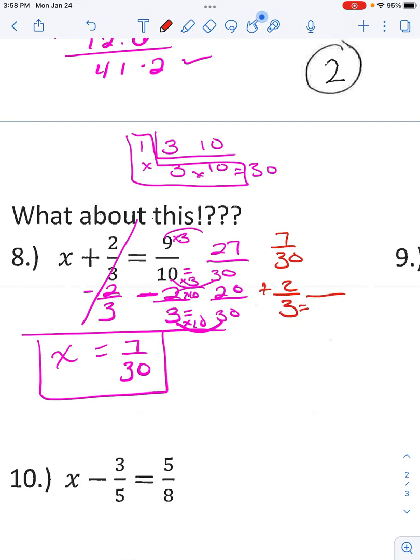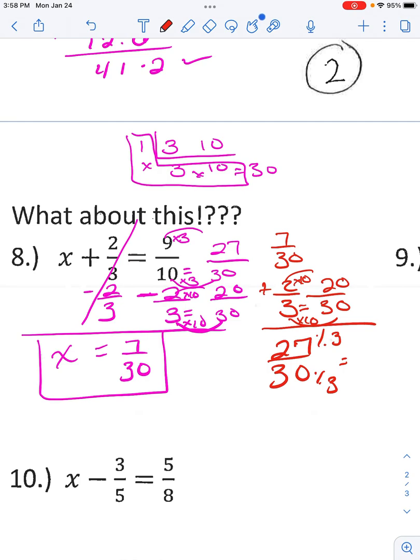We're going to make that into 30 times 10. So we have 7/30 plus 20/30 is 27/30. Now that does not look the same as 9/10, but remember, if you simplify by 3, 27 divided by 3 is 9, 30 divided by 3 is 10, so it is 9/10.